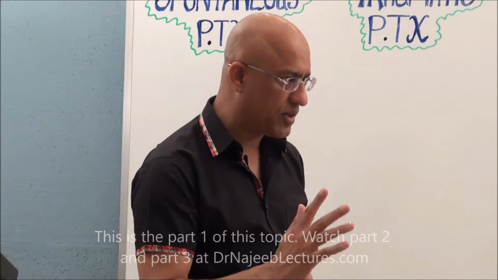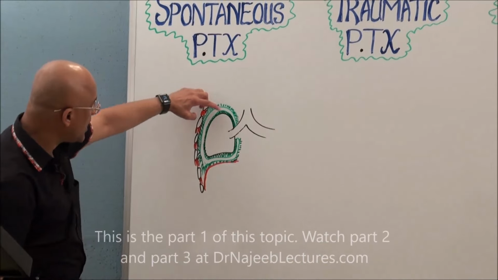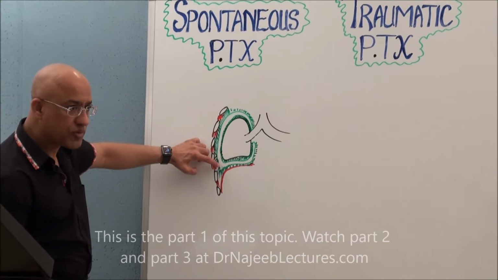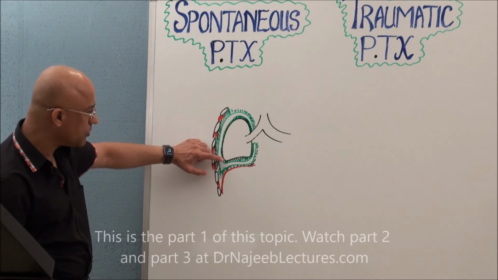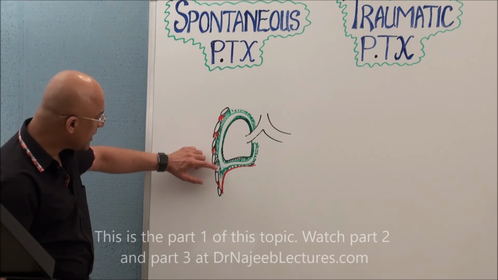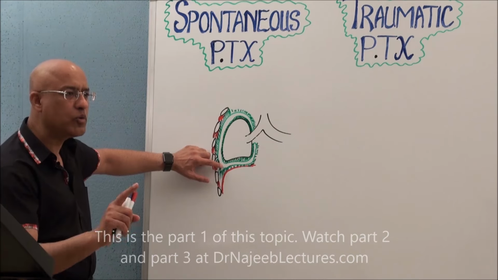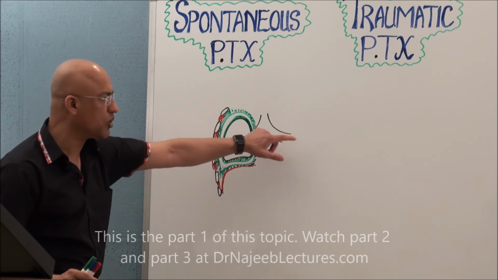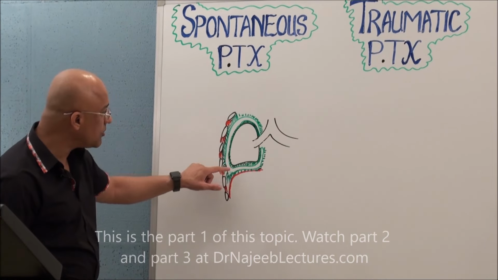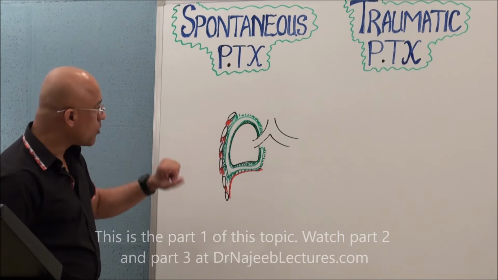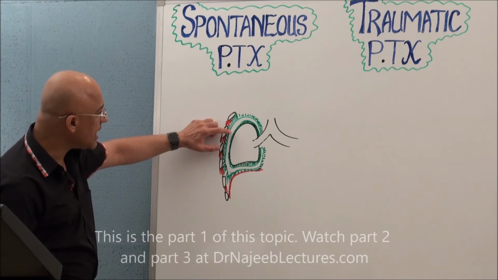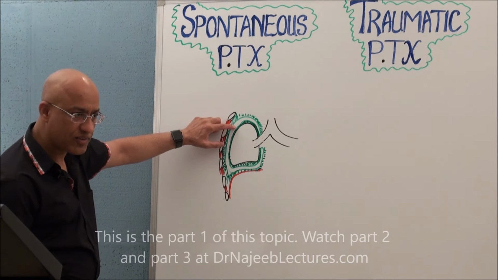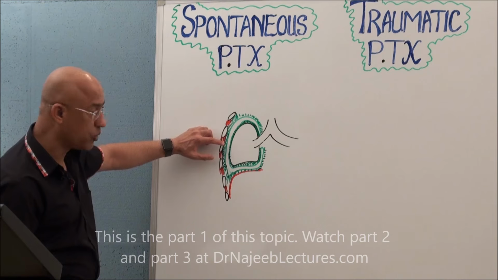Normally, in a healthy person, the pleural cavity, between the visceral pleura and parietal pleura, has about 10 to 15 ml of lubricating fluid on both sides. What is the function of these two pleura, right?